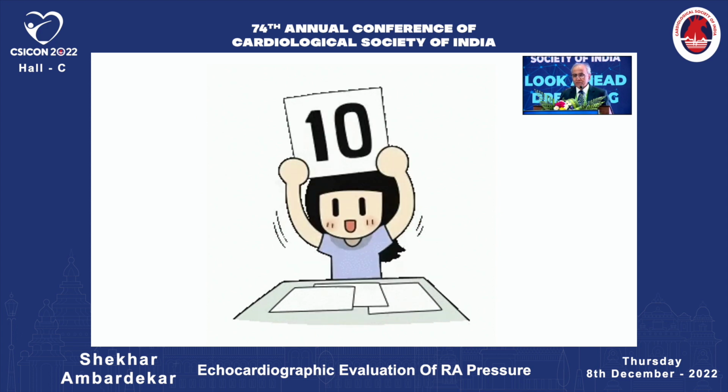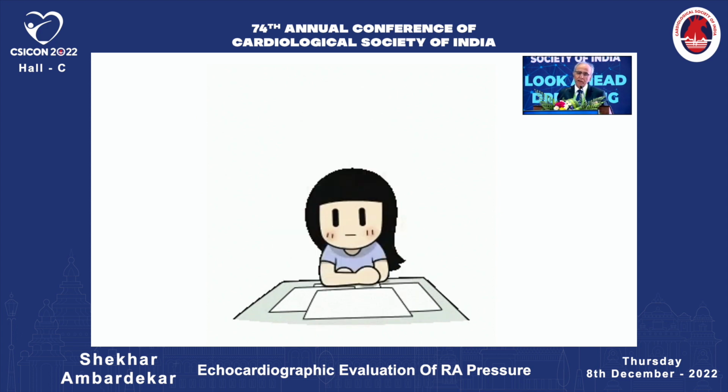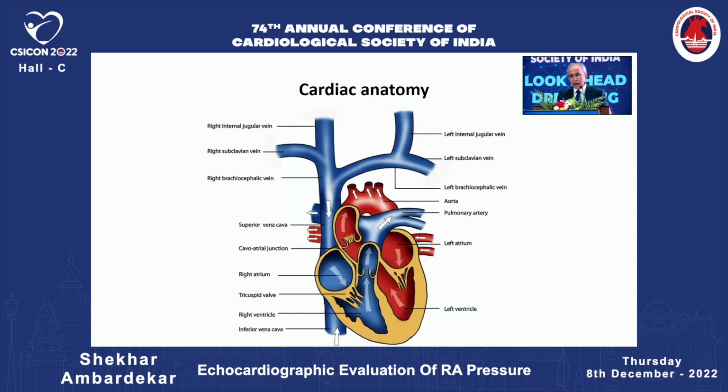Now, earlier, for every patient, we used to assume that RA pressure is 10. And we know that that is not right. RA pressure will be different in different cases. And by echocardiography, we take this into account, as RA events will be reflected in the attached veins.